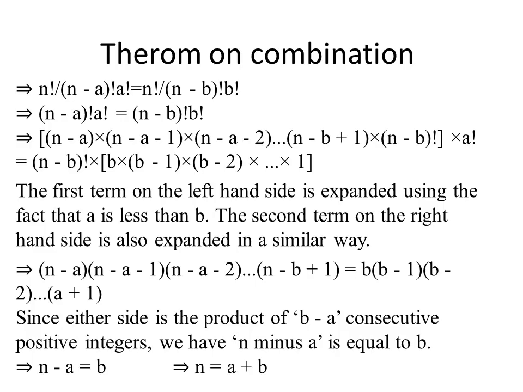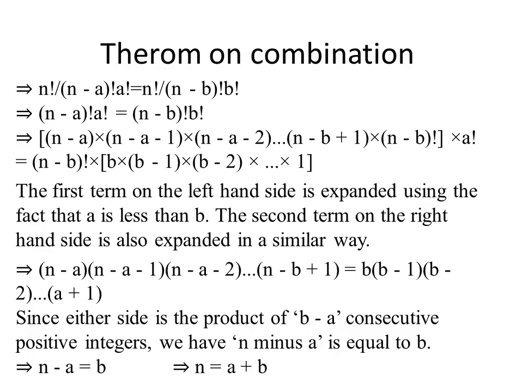That implies (n minus a) into (n minus a minus 1) into (n minus a minus 2) and so on to (n minus b plus 1) into (n minus b) factorial into a factorial is equal to (n minus b) factorial into b into (b minus 1) into (b minus 2) and so on to 1. The first term on the left hand side is expanded using the fact a is less than b, and the second term on the right side is also expanded in a similar way.